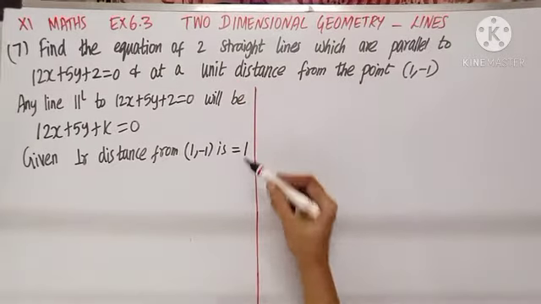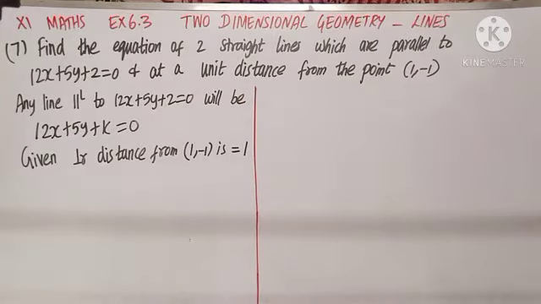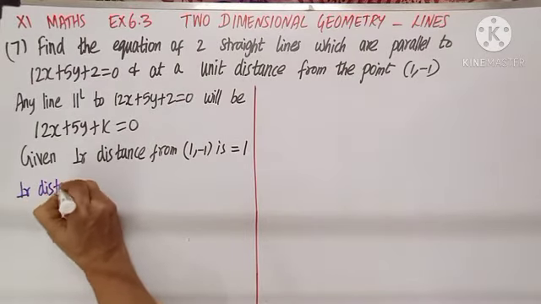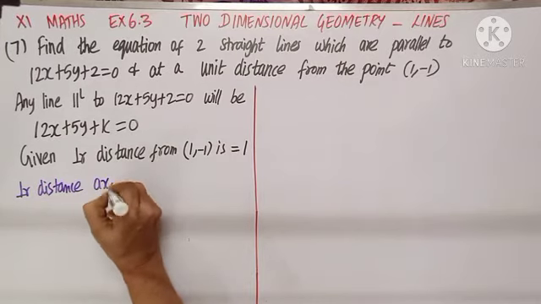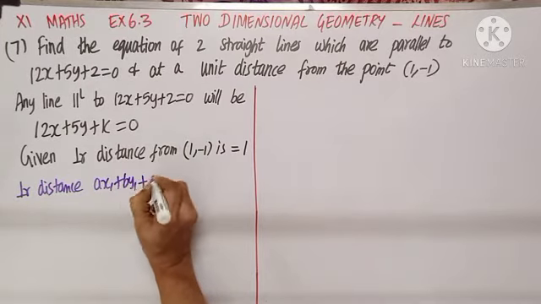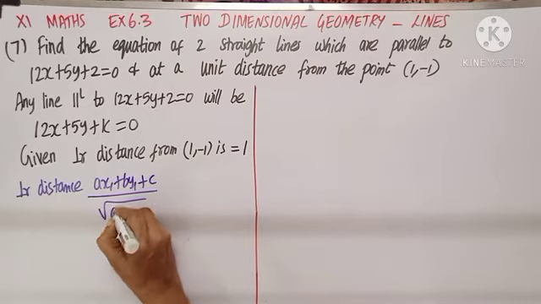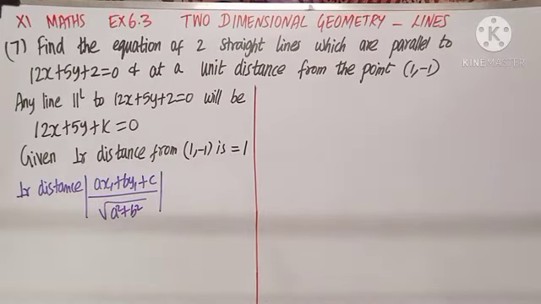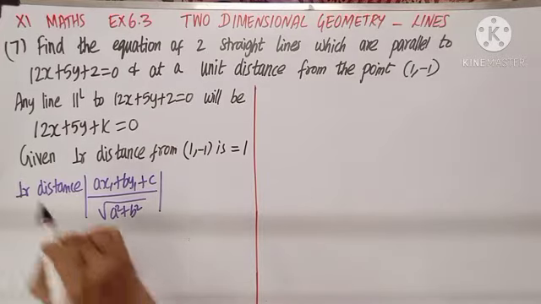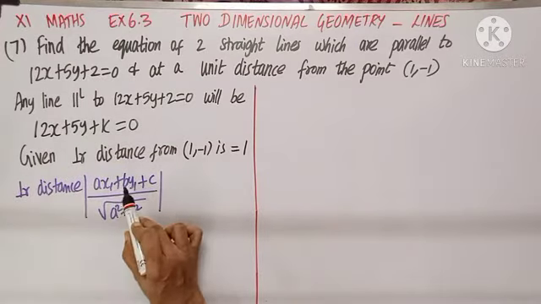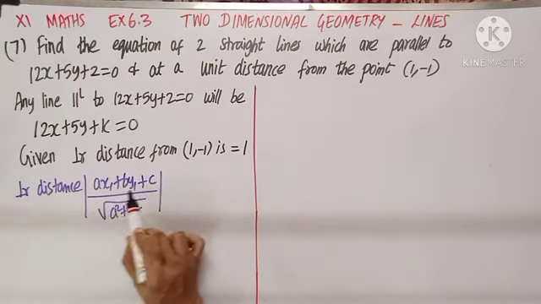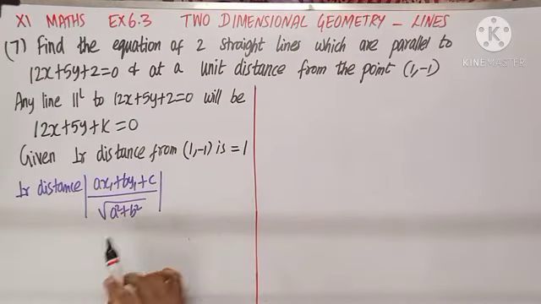Unit tells me 1. What is the perpendicular distance formula? I can use the formula |ax1 + by1 + c| divided by the root of a square plus b square. In this problem, a is 12, b is 5 and k is c. The point (x1, y1) is (1, -1).